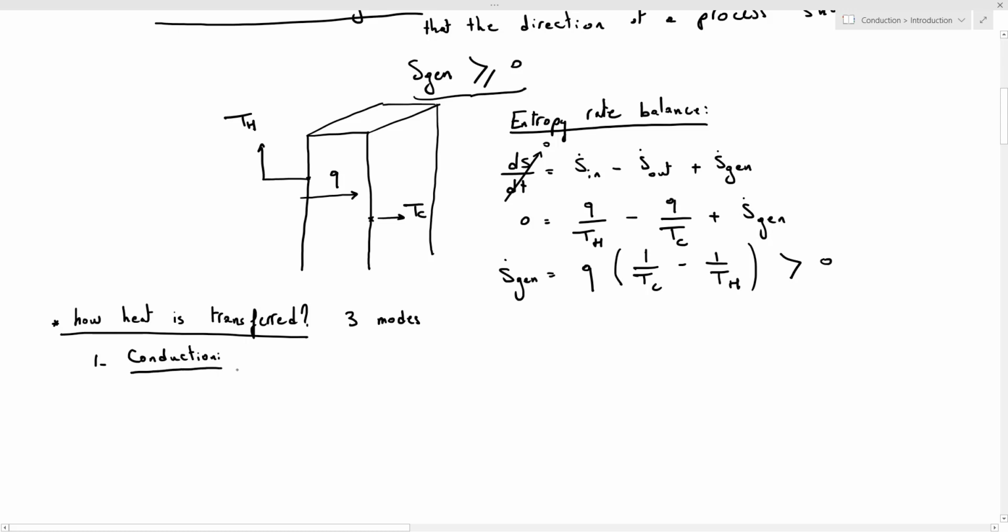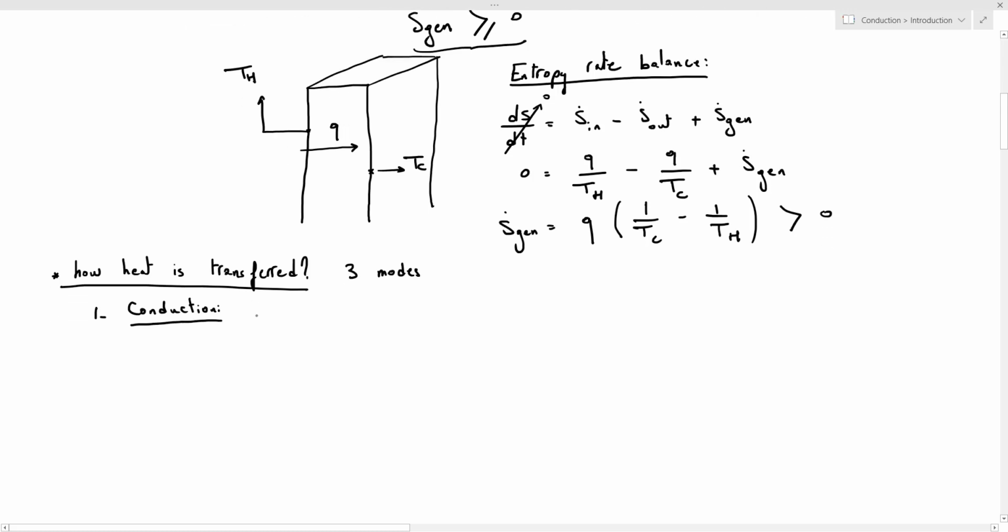This mode of heat transfer occurs when delta T exists, when we have a temperature difference through solids or fluids at rest.